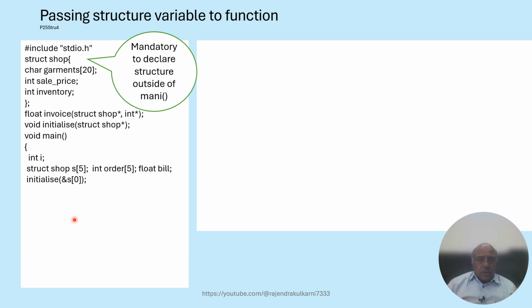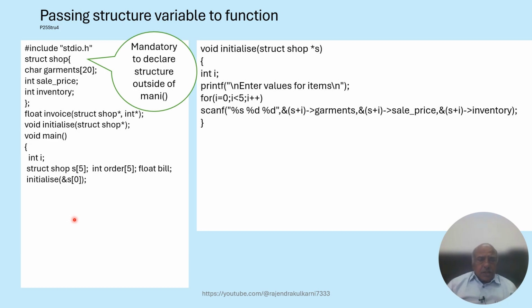Then we have called the function initialize, to which we are passing the base address of the array of structures of type struct shop, and the name of the array is S. So ampersand S subscript 0 passes the address of the 0th element, or the base address of the array S, which is of type struct shop.